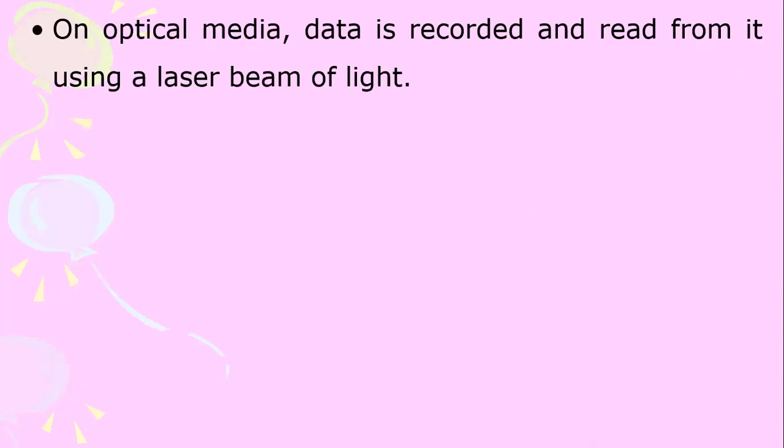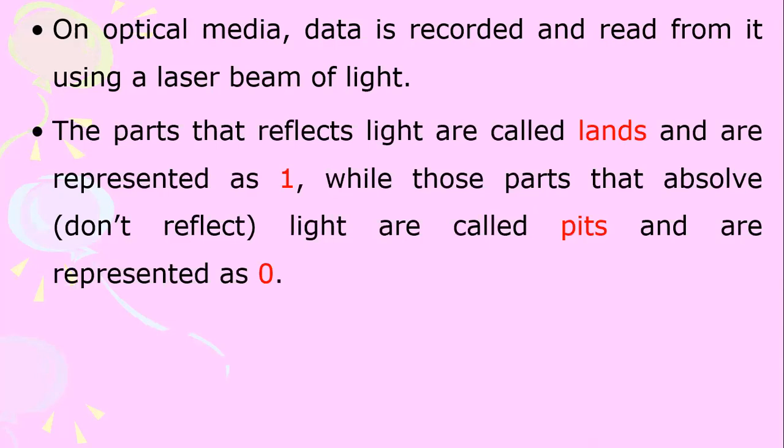On optical media, data is recorded and read from it using a laser beam of light. The parts that reflect light are called lands and are represented as 1, while those parts that absorb or don't reflect light are called pits and are represented as 0.